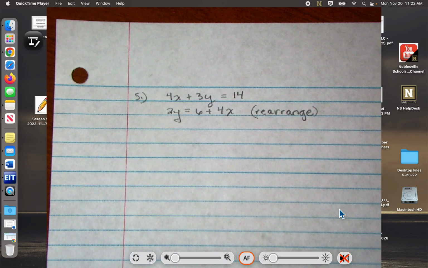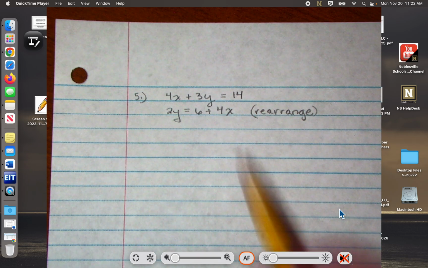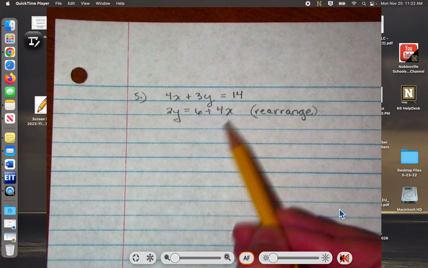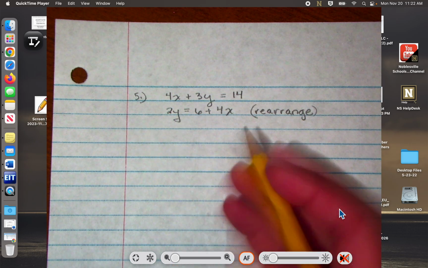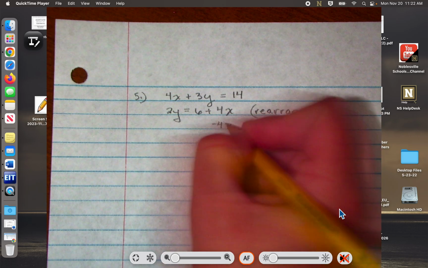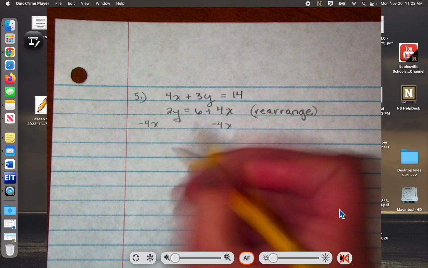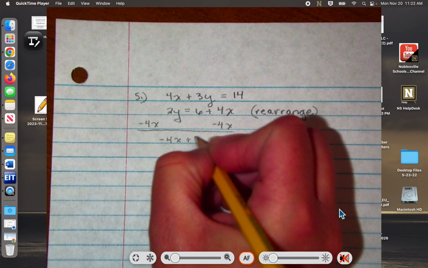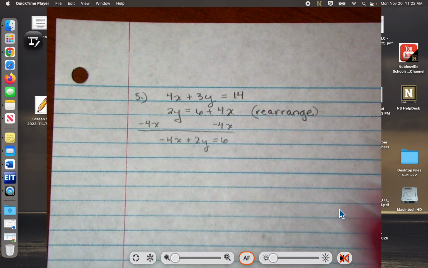So if I wanted to rearrange this, all I would need to do is move this 4x over here. How am I going to move this 4x over here? I'm going to subtract the 4x from both sides. So now I have negative 4x plus 2y equals 6.